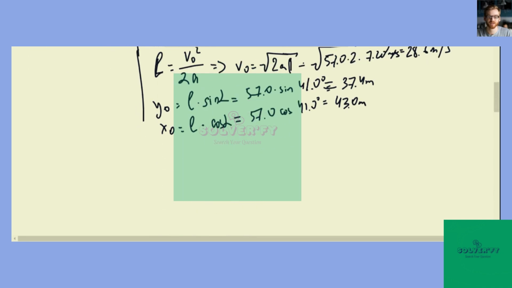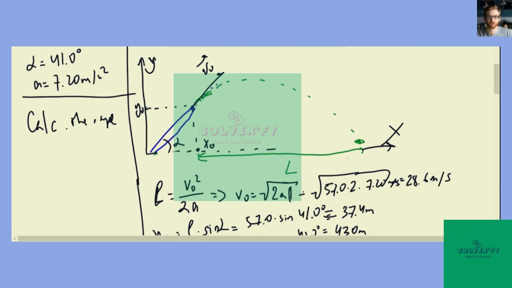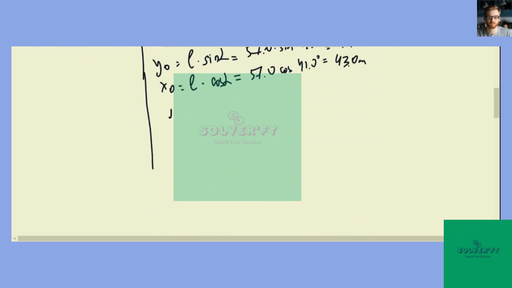Okay, that's good. Now let's move on to the next step, and let's calculate v0x and v0y, the initial projections of the velocity on the x and y axes. v0x equals v0 times cosine alpha, and v0y equals v0 times sine alpha.